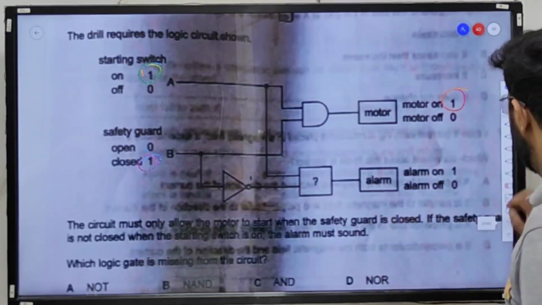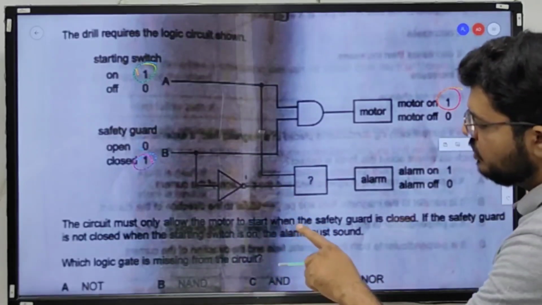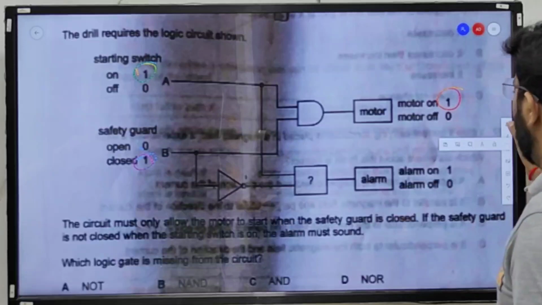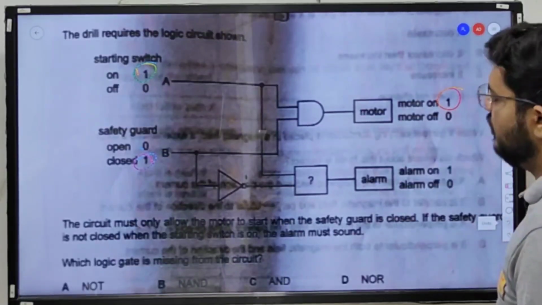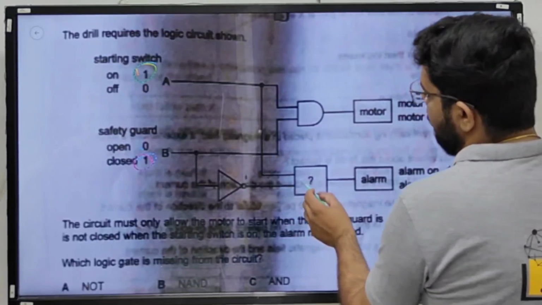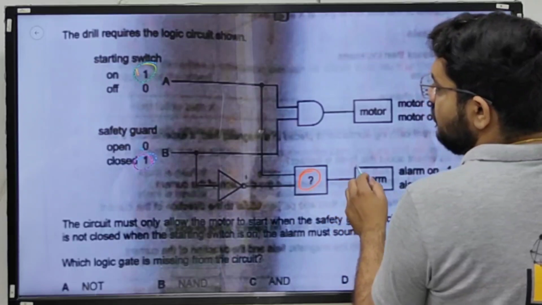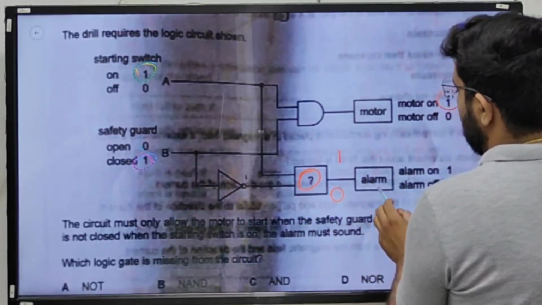If the safety guard is not closed when the starting switch is on, the alarm must sound. Let's see how to handle that. So this gate must be something that when 1 comes from here and 0 comes from here, the alarm is on.